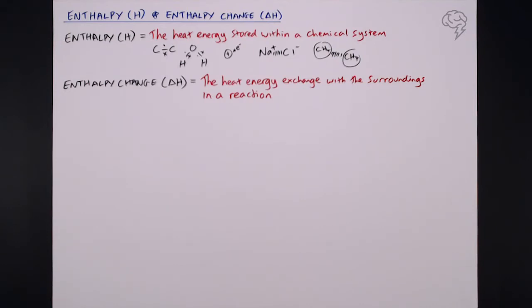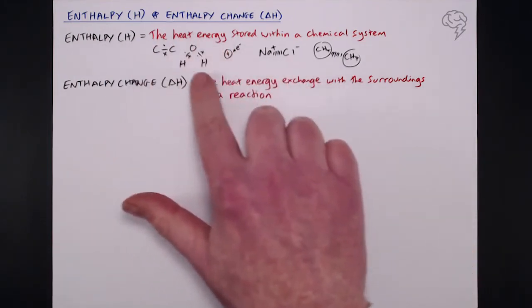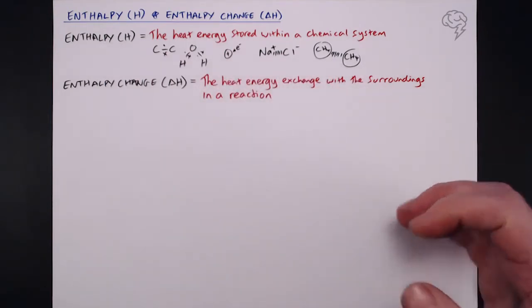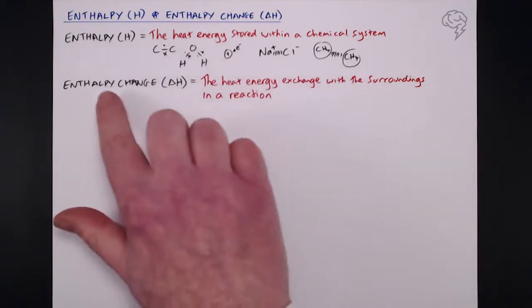And of course, that energy is measured in the exchange of heat. So either heat is given out during a reaction or heat is taken in. It really depends on how much energy it takes to break these bonds, the energy that needs to go in, and how much energy is released when new bonds form. So that's our enthalpy change.